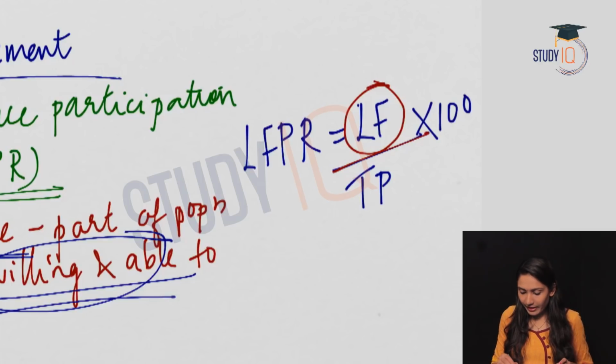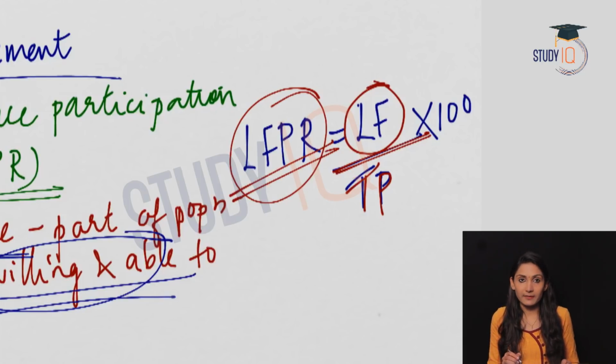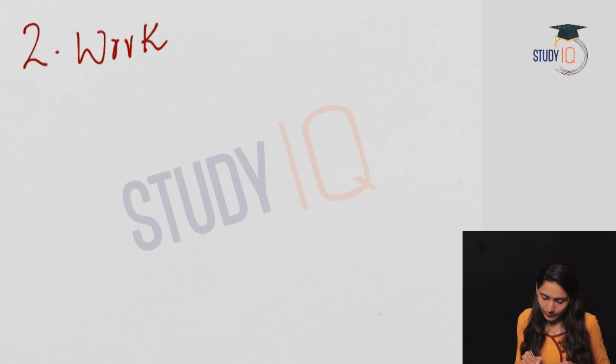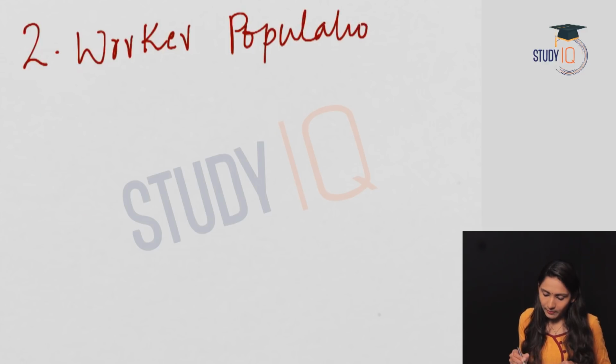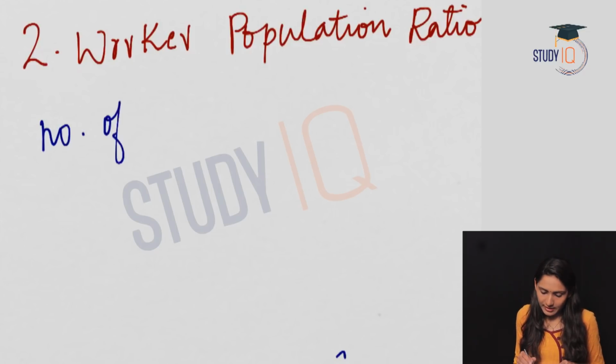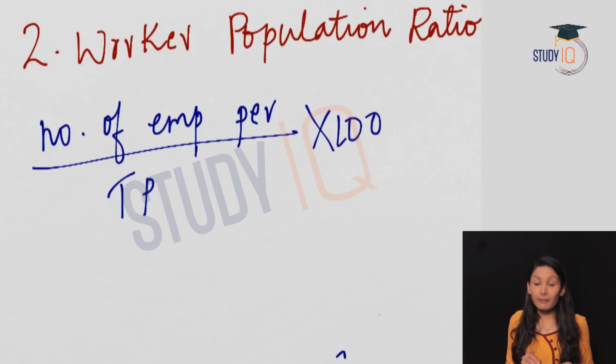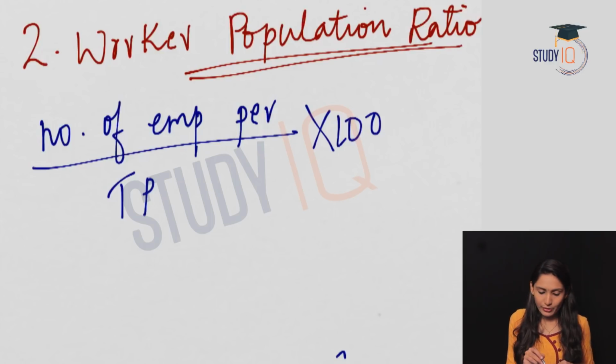Next is the worker population ratio. The number of employed persons divided by the total population, into 100, will give you the worker population ratio.